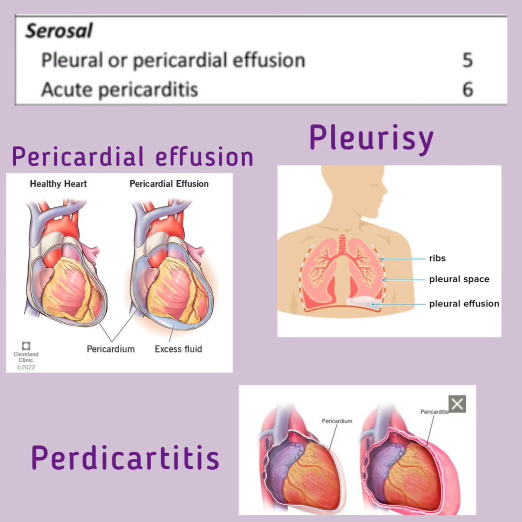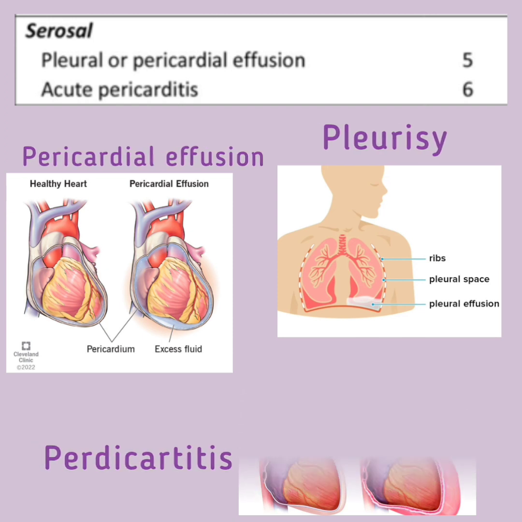So the next domain is the serosal. Pleurisy is when there's inflammation around the cavity around the lungs, and then effusion means there's excess water. The pericardium is the membrane around the heart, and pericarditis is inflammation in that pericardium, or pericardial effusion means there's water trapped in the pericardium.